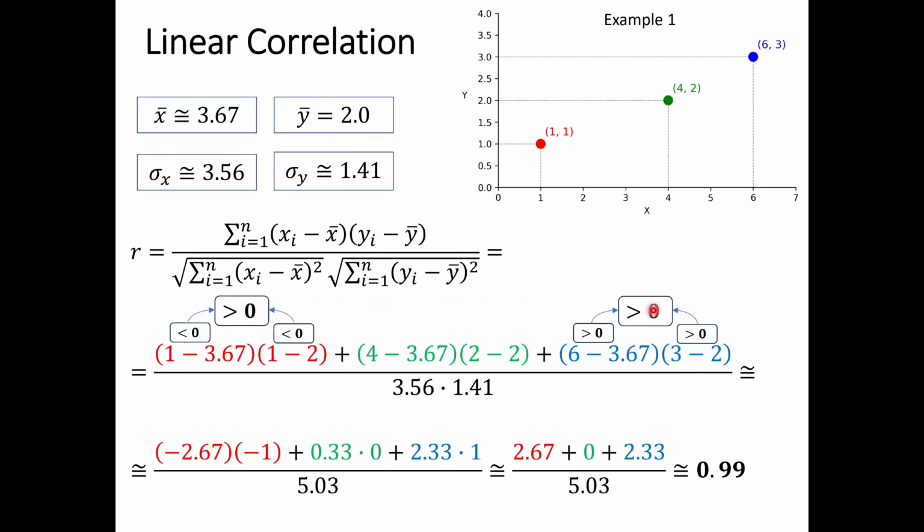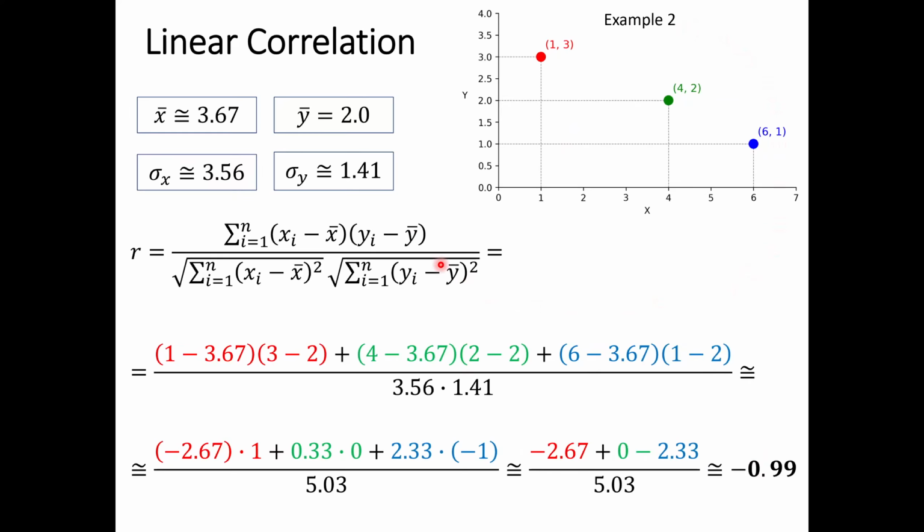The third product is positive because both x3 and y3 are above their means. The y2 coordinate equals the mean, so the entire second product is 0. So, the positions of the points relative to their mean values determine the signs of the products in the numerator, and as a result the sign of the covariance and the entire correlation coefficient.